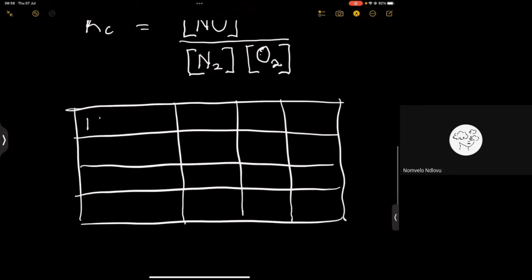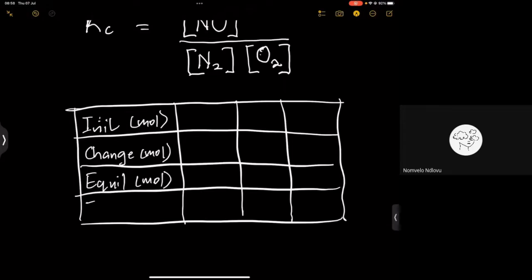And remember, we've got initial, which is in moles. We've got change, that's in moles. We've got equilibrium, that's in moles. And we've got equilibrium concentration, which is in moles per cubic decimeter. Okay, right.